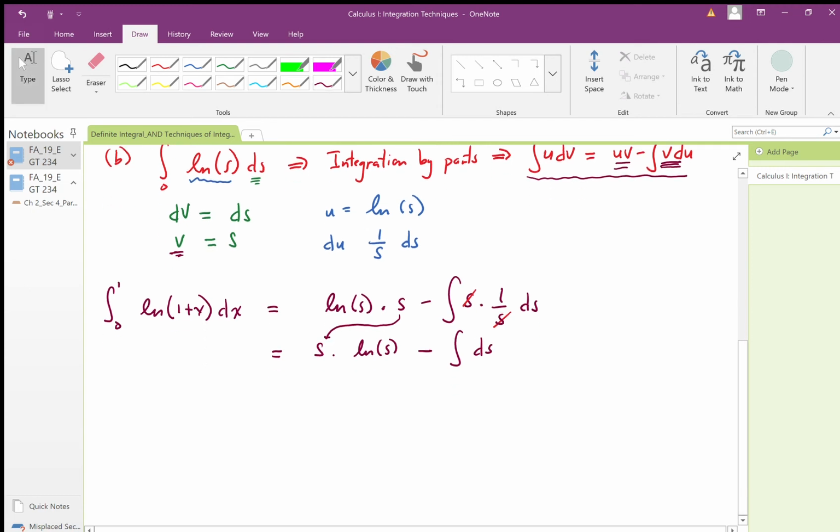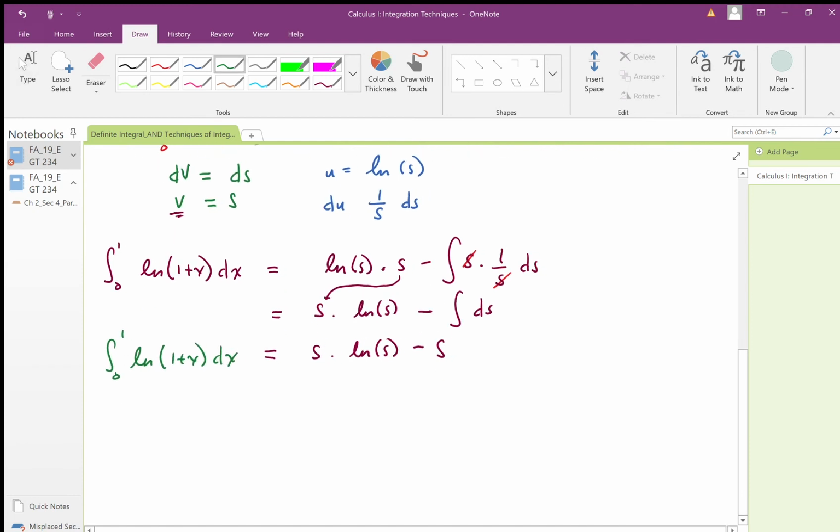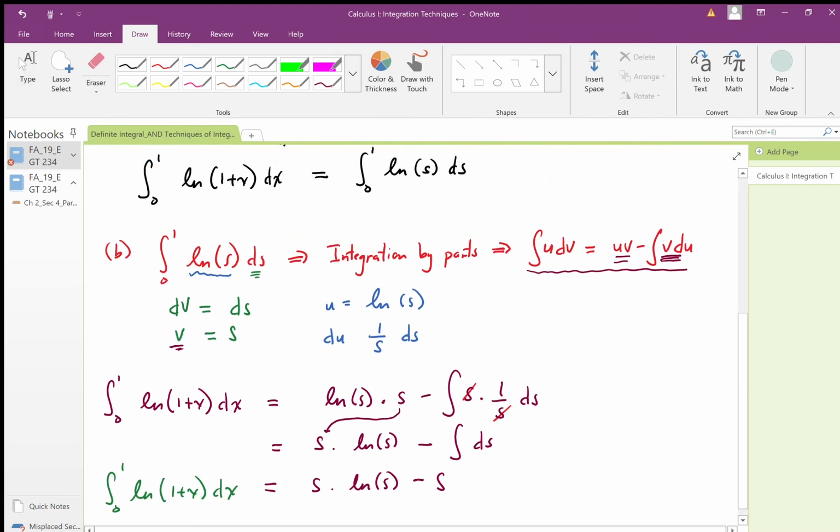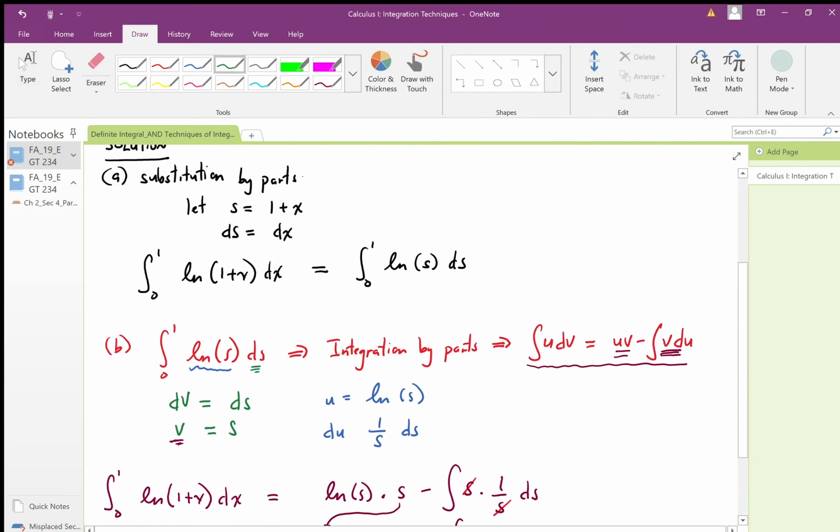Now I can take this a step further and say s times the natural log of s minus s. So you can safely say the integral from 0 to 1 of the natural log of 1 plus x dx equals this. Now I'm going to go back and substitute what my s was. Our s in the beginning was 1 plus x, and our ds was dx.